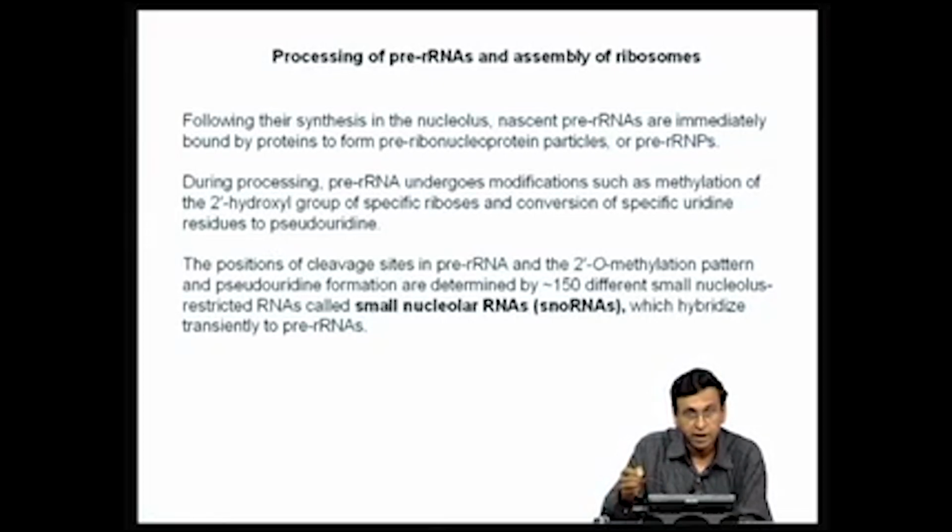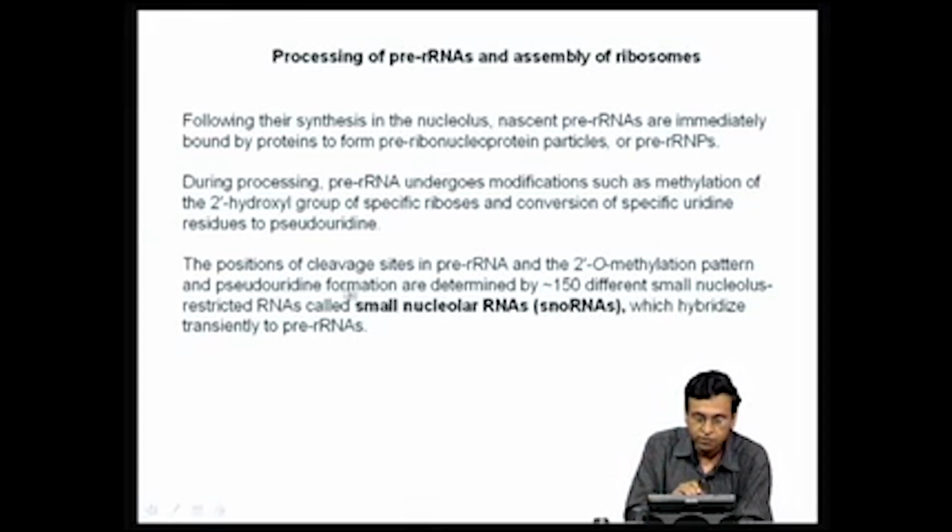The positions of the cleavage sites in pre-rRNA as well as the 2'-O methylation pattern and pseudouridine formation are determined by at least 150 different small nucleolus restricted RNAs, called small nucleolar RNAs or snoRNAs.